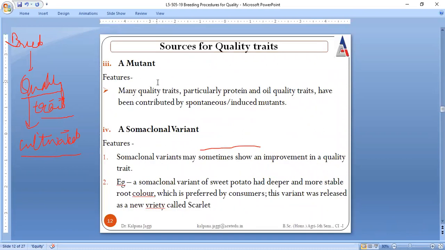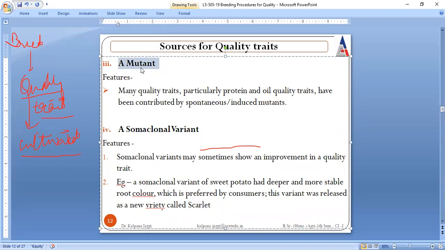The next is mutant. Mutant is the case where many quality traits, and when we talk about quality traits, we are basically talking about protein and quality traits, are contributed within the mutant.